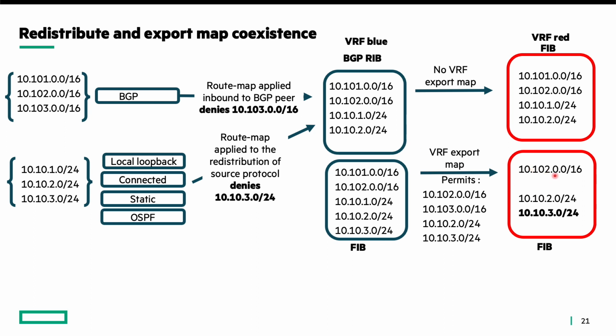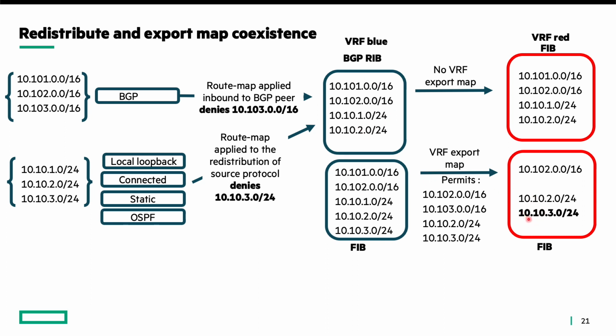We'll have 10.10.2 and 10.10.3, which was not in the BGP table. But we don't have 10.10.1, because it was discarded, dropped even before coming to the BGP VRF.